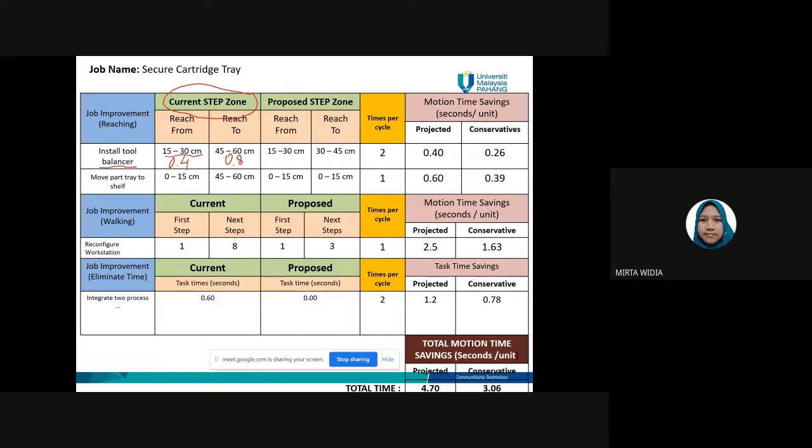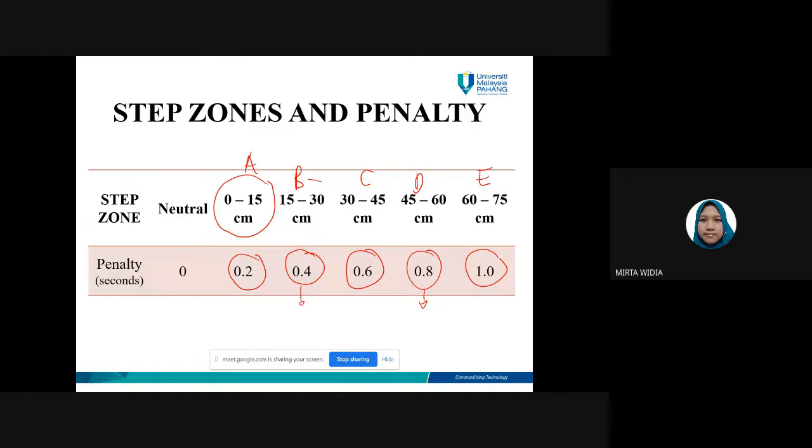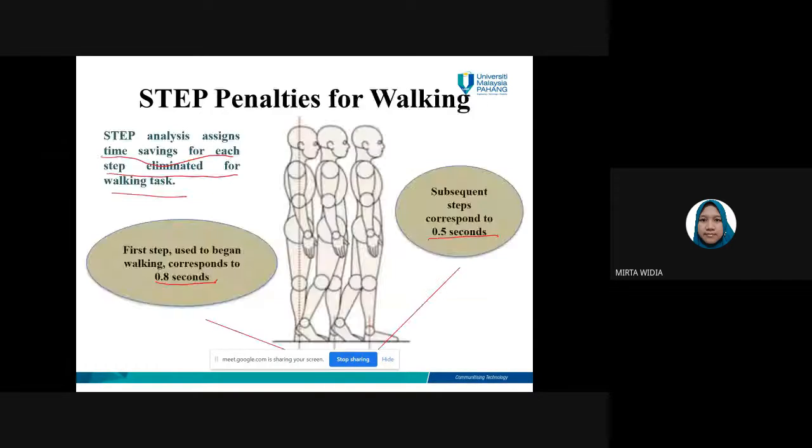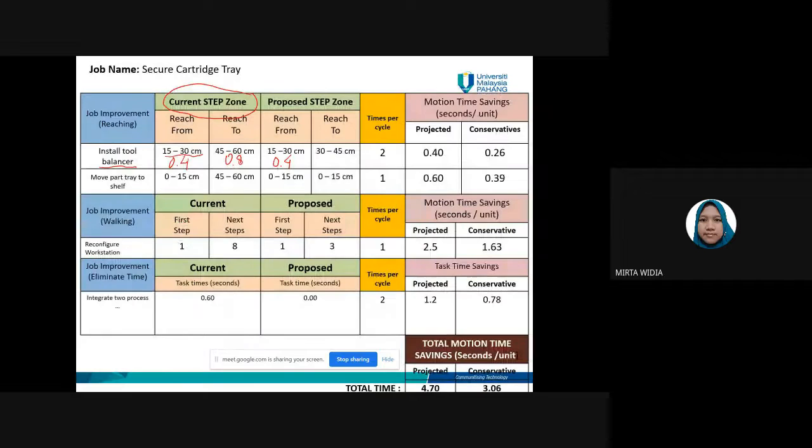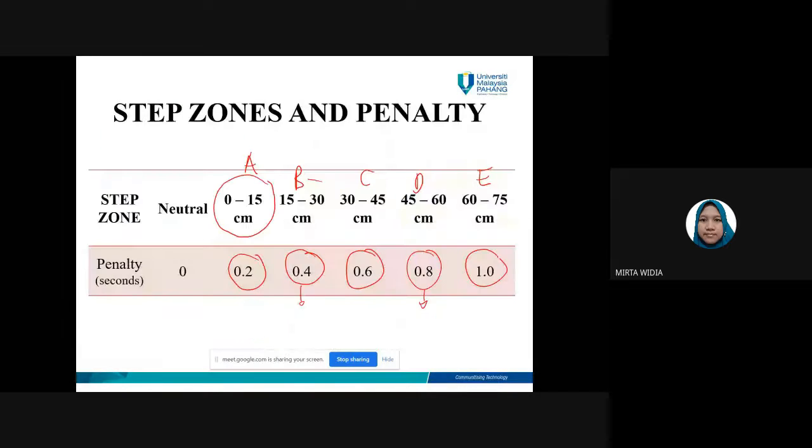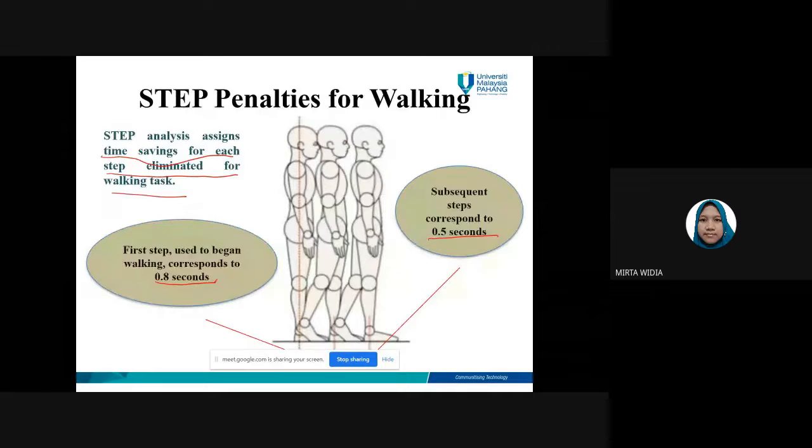The original was 15 to 30 cm, so the penalty is 0.4, then reach to 45 to 60, which is zone D. So we change the position to zone C, 30 to 45. The penalty is 0.6.